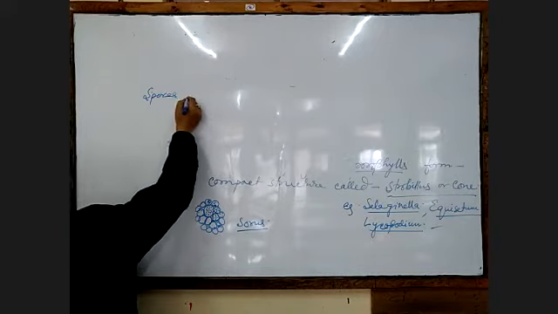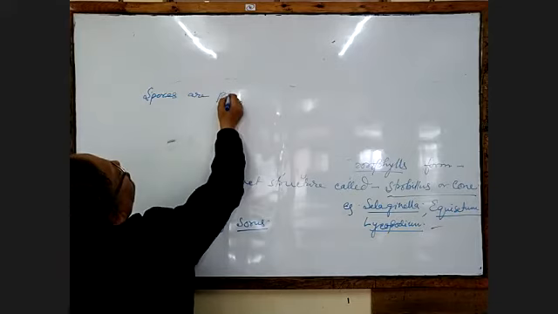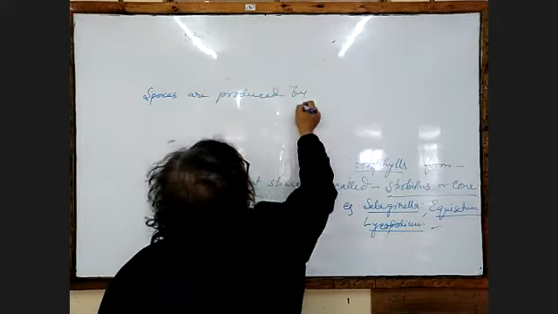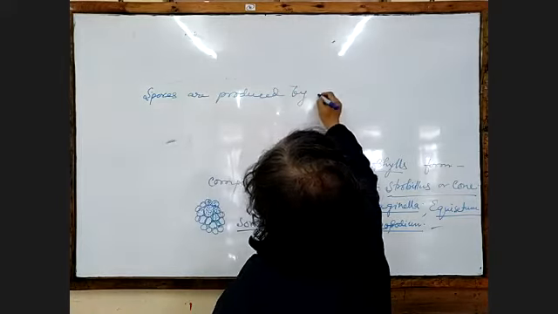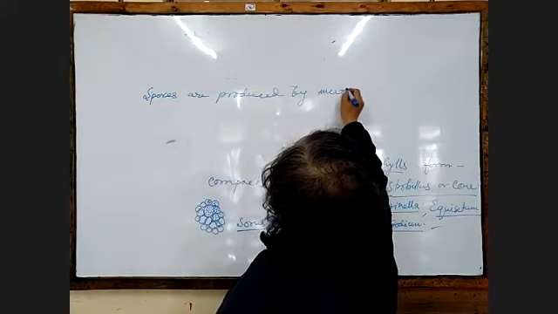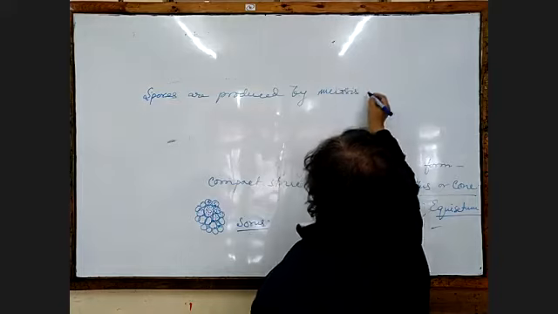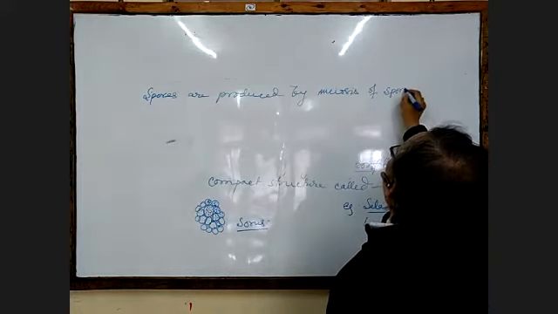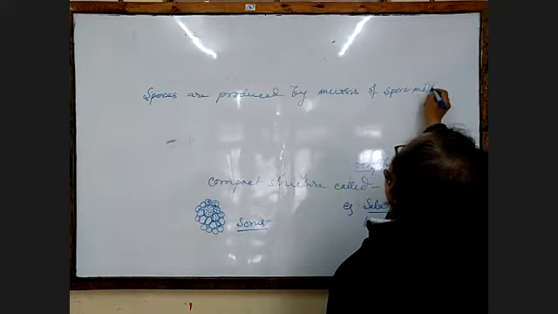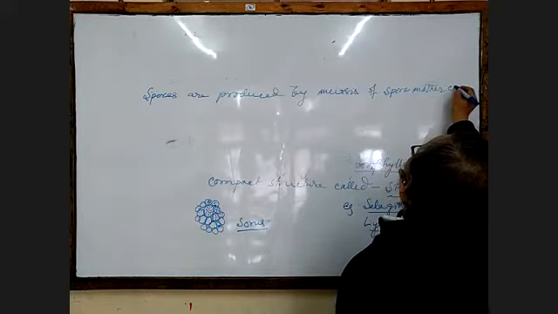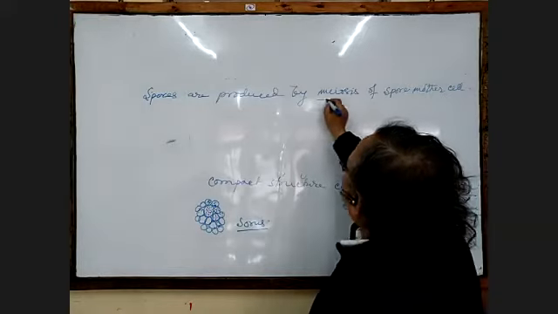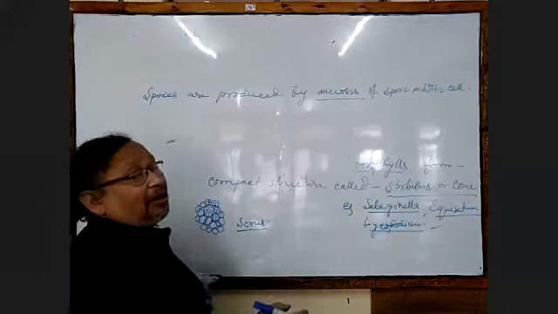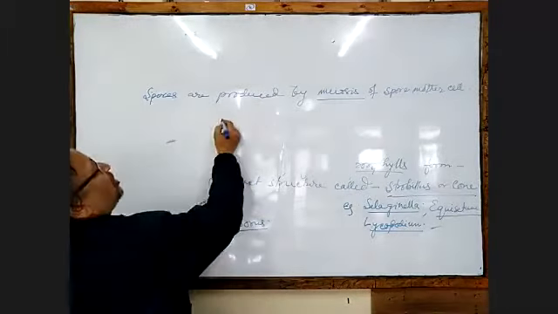Spores are produced by meiosis division of a spore mother cell. Okay, it is the meiosis, and that's why reduction division.